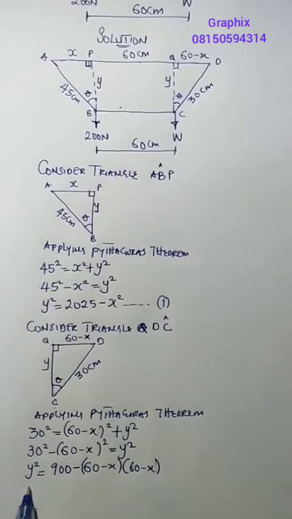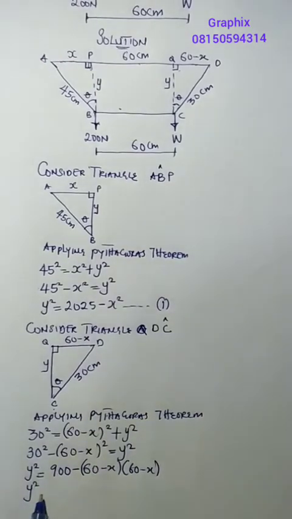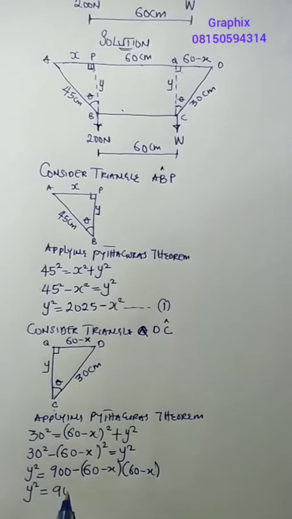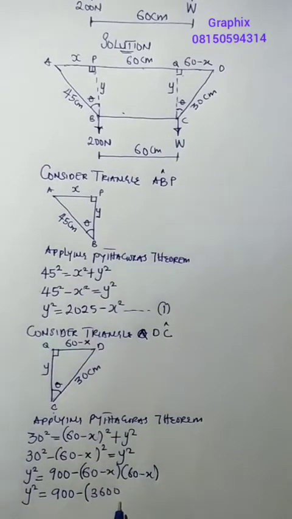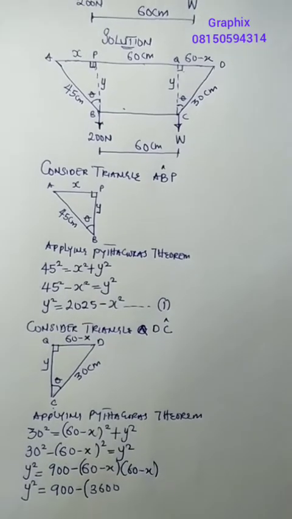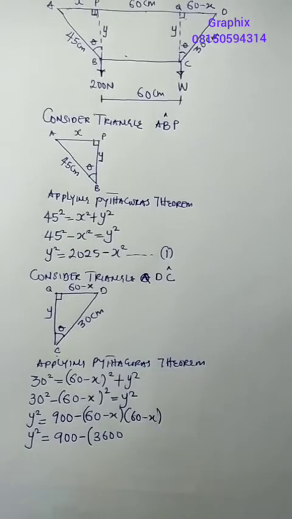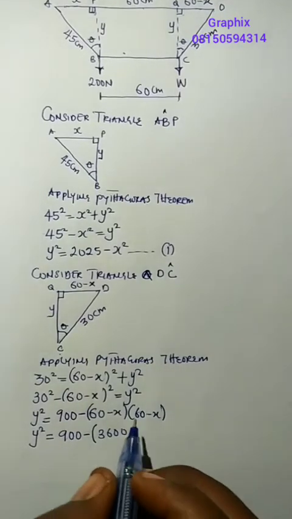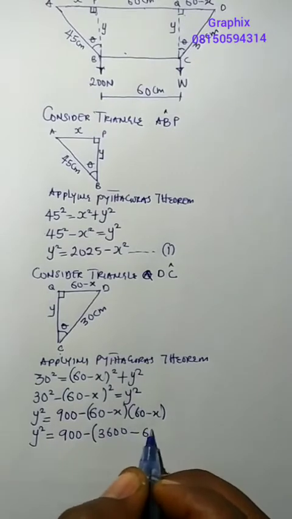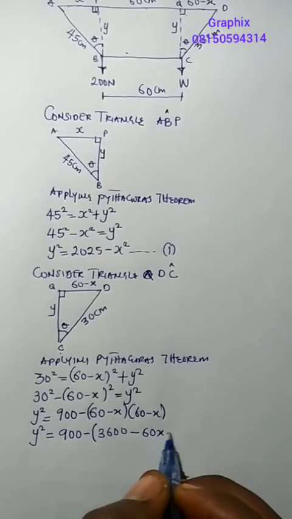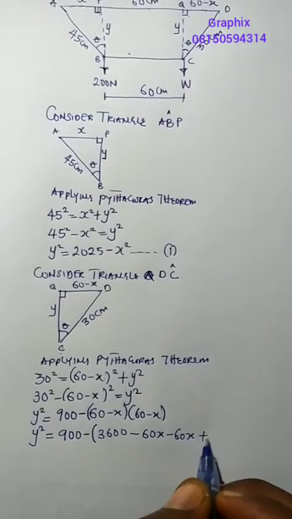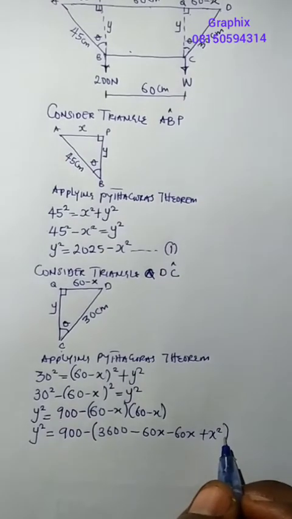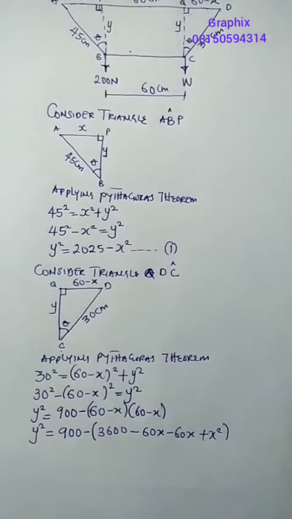So that means I can easily say my y squared is equals to 900 minus, open bracket, 60 times 60, that is 3600. Also 60 times minus x is minus 60x, minus x times 60 is minus 60x, minus x times minus x will give you plus x squared. Right?